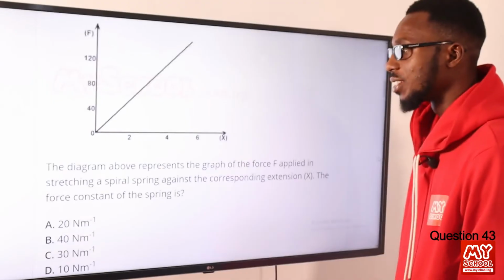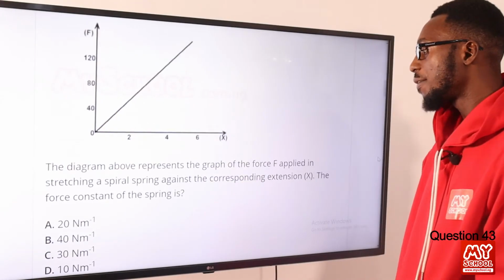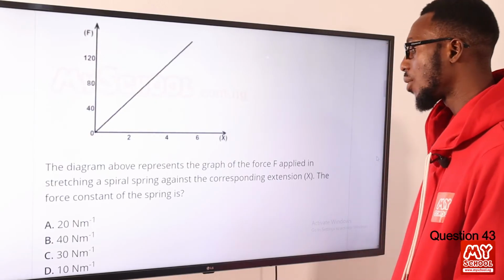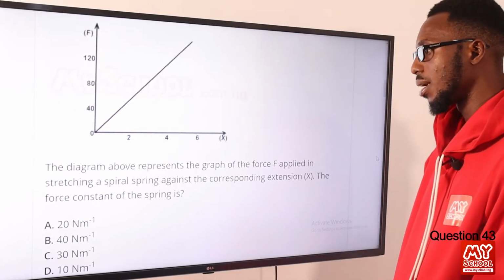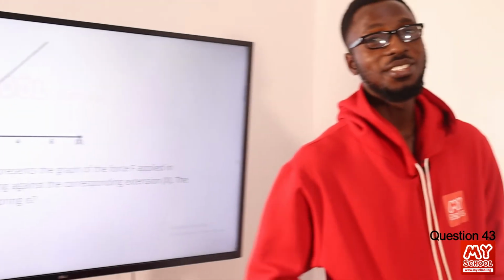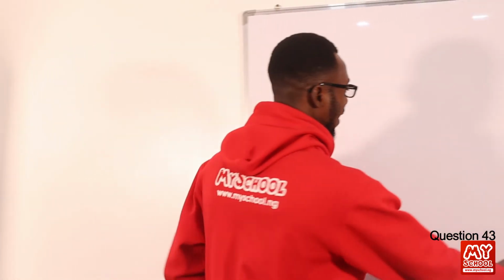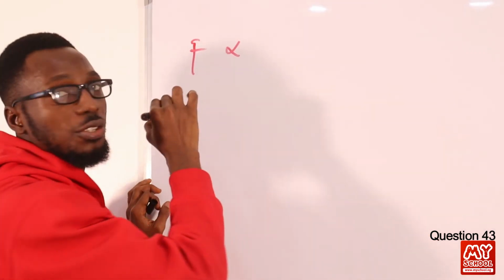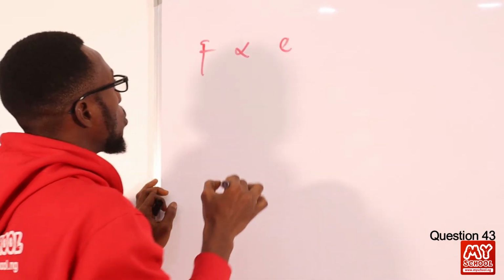43. The diagram above represents the graph of the force F applied in stretching a spiral spring against the corresponding extension X. The force constant of the spring is what? All right, according to Hooke's law, the force is directly proportional to the extension or the compression produced.